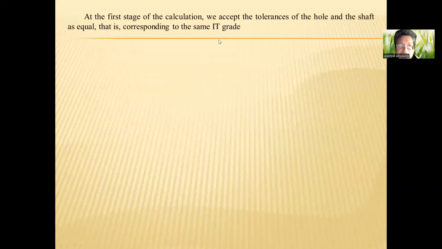At the first stage of the calculation, we accept the tolerances of the hole and the shaft as equal, as corresponding to the same IT grade. Big TD is equal to small Td, which is equal to the fit tolerance divided by 2.